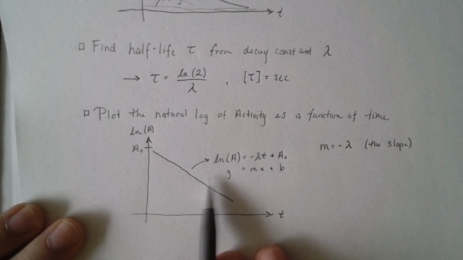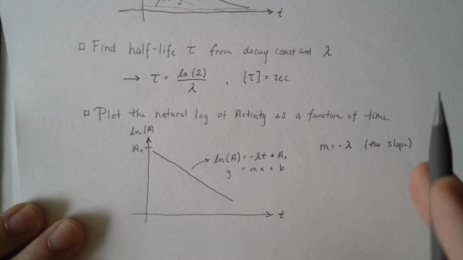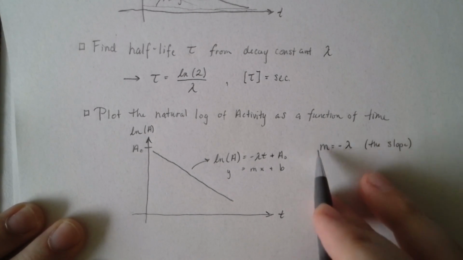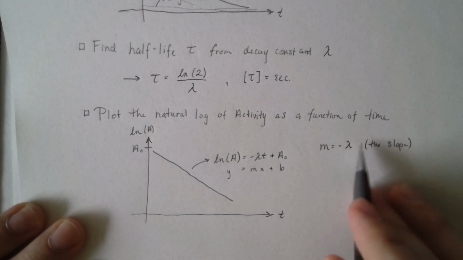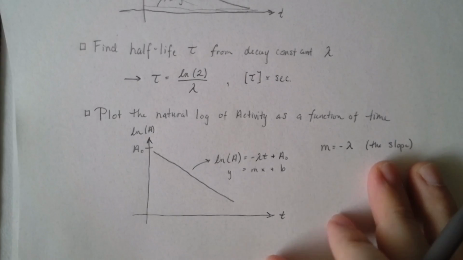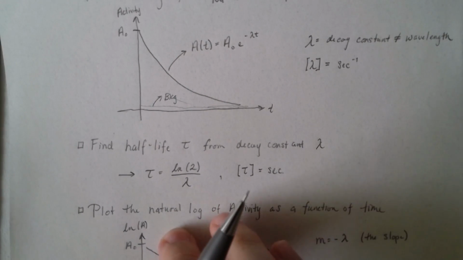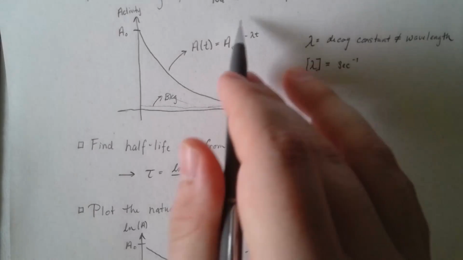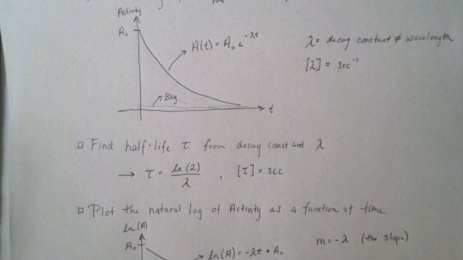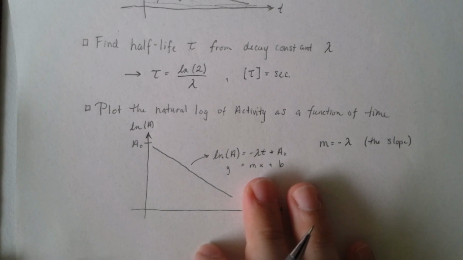If we use our y equals mx plus b formula of a straight line, we see that the slope m is equal to minus lambda, or minus the decay constant. And hopefully this decay constant that we find in this particular graph should be the same as the decay constant that we find up here, if not that dissimilar from each other.